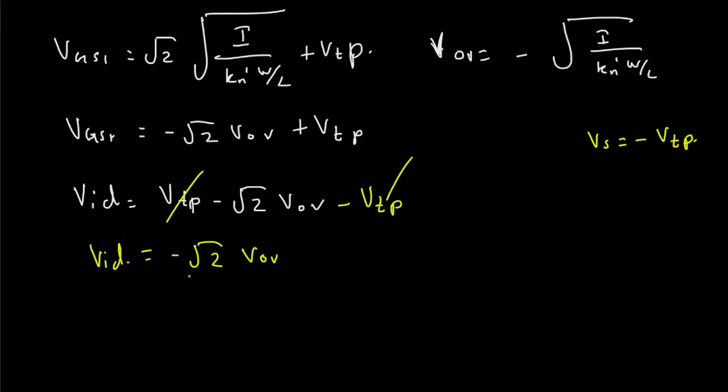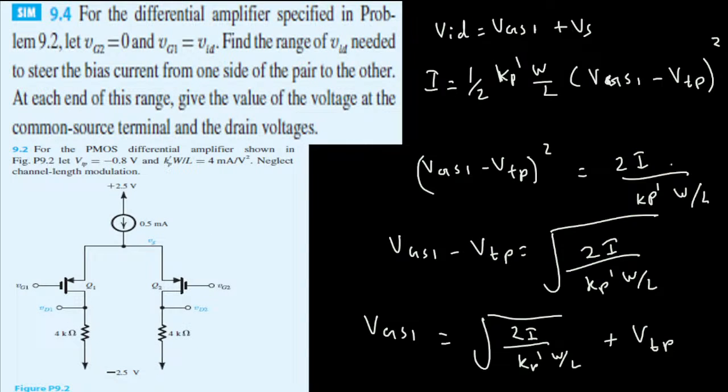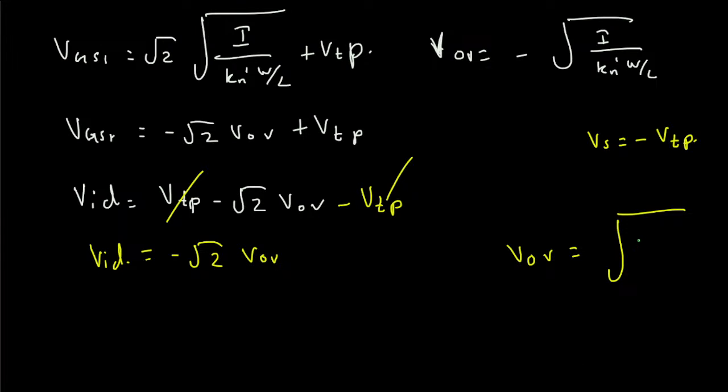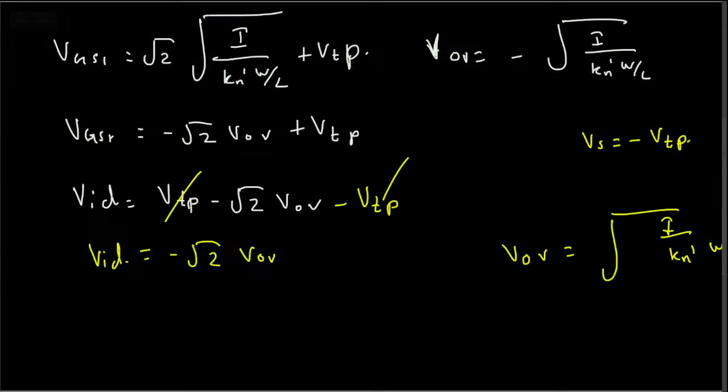Now let's go ahead and try to plug in all the values. VOV is given by, first we can take the positive value of it, that is if you assume this one as positive, then VOV is going to be positive square root of I over Kn prime W over L. So if I take this one positive, when I do this for the other side I have to take the VOV negative. That's the only difference, and this is Kp prime.